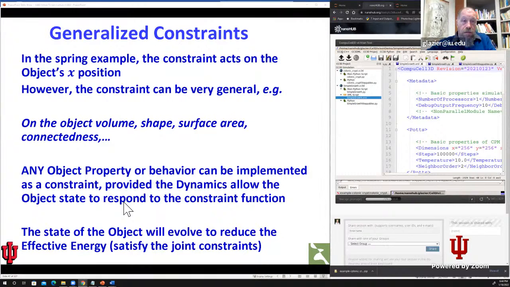And so what this is telling us is that the speed at which your cells grew in the simulation that you did in the homework was determined by the rate at which you changed the target volume. What lambda volume tells you is that if you've satisfied the constraint and you move away from it, how fast do you come back to it? So it's basically telling you how big the restoring force is when you move away from the target.